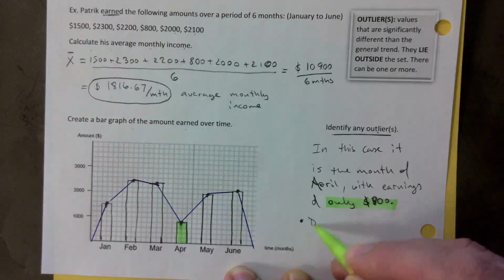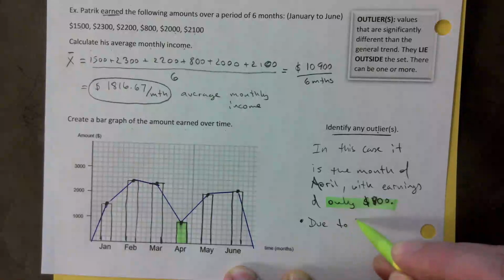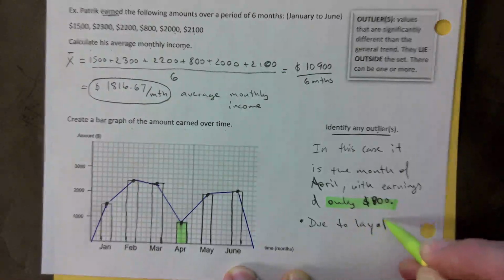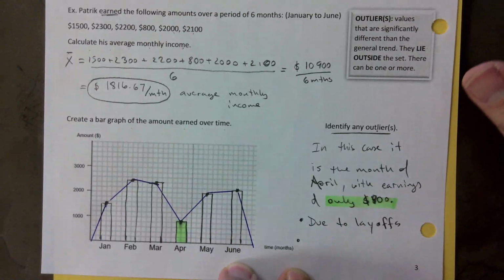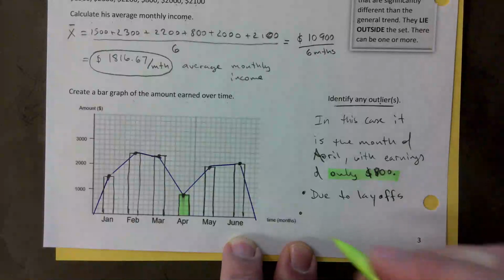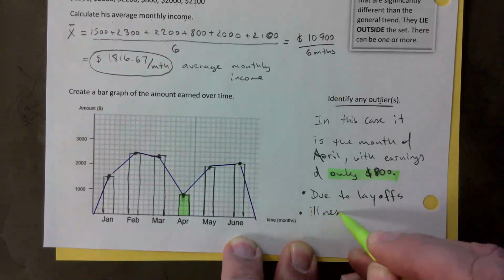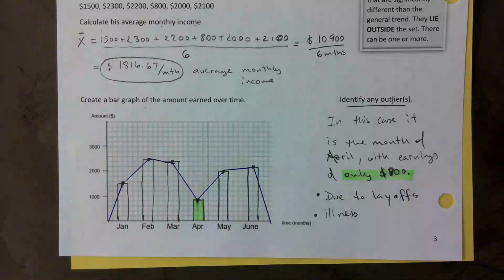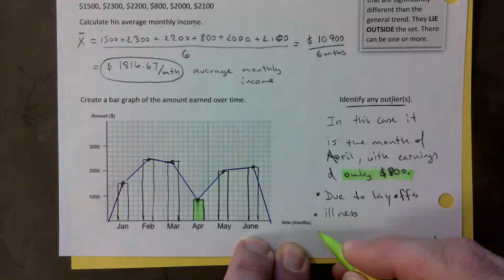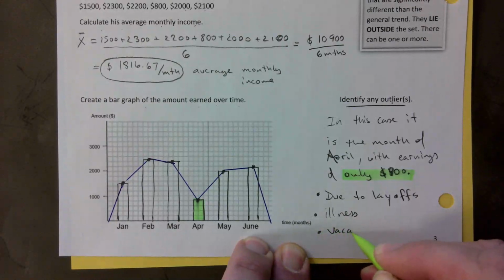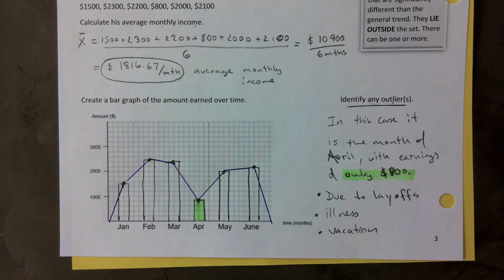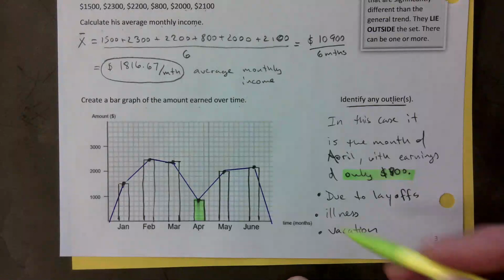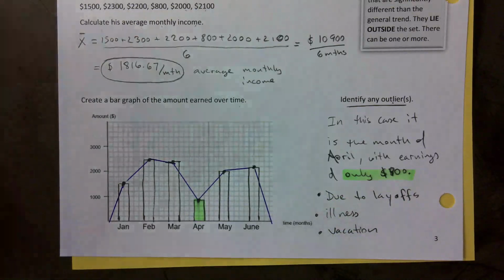You could say due to layoffs. It could be illness. Maybe Patrick got sick. It could be vacation. If you're self-employed and you're not working, you're not making money. Any of these are possible reasons for that.